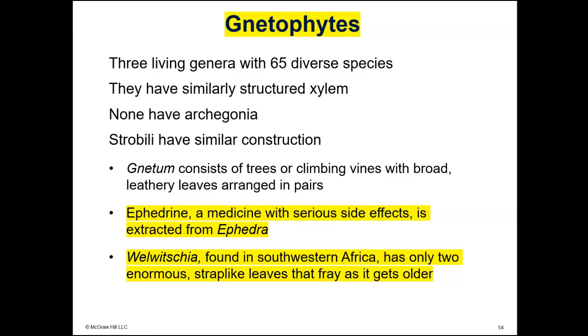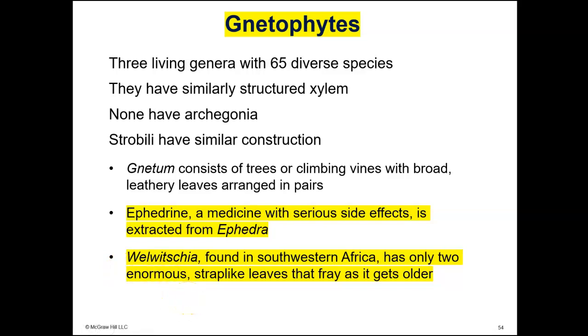The last of the 4 groups of conifers is the gnetophytes. The gnetophytes are known for producing ephedra or ephedrine, which is a medicine that's extracted from the ephedra plant. And another really interesting plant is the Welwitschia plant.